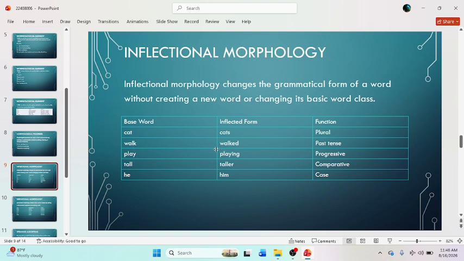Walk becomes walked. Here it is walk plus ed, that is past form. Another example is tall, taller. That means comparative, tall plus er. That means in those words there is no change in the meaning but a grammatical change. This is inflectional morphology.